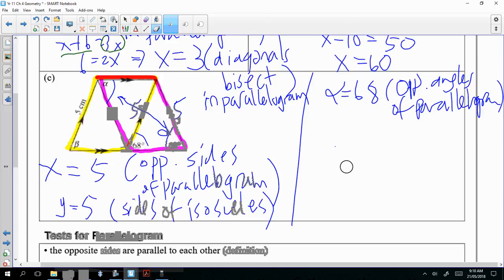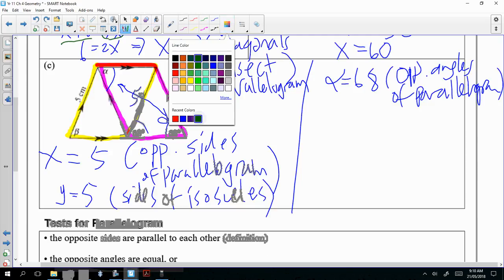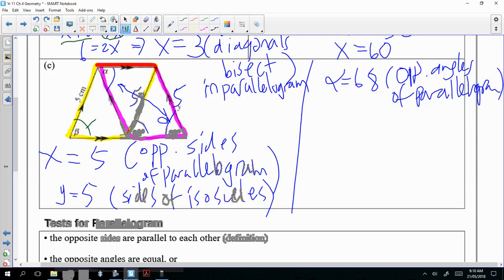Who can tell me how to find beta? There's nothing opposite to it. No, use this way. They're parallel, right? What do we know about these two angles? What do we call this? Corresponding.